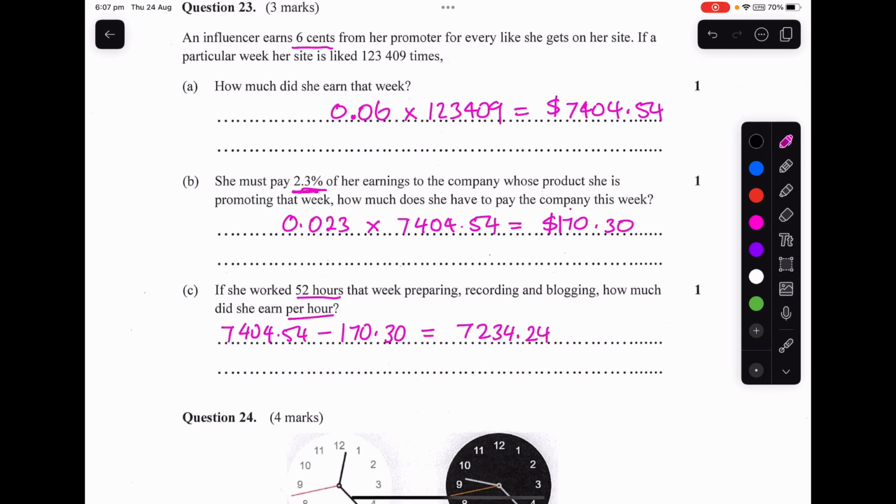Now they're saying she worked 52 hours, so we would divide that by 52, and that will tell us what she gets per hour. And she gets $139.12 per hour. Just remember when you're working with money that it's 2 decimal places.